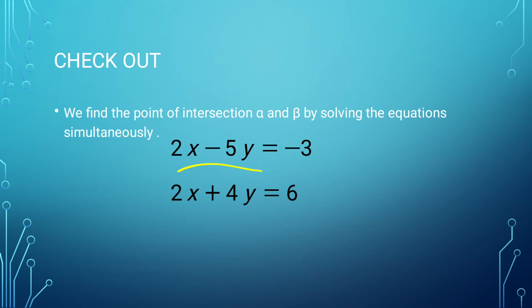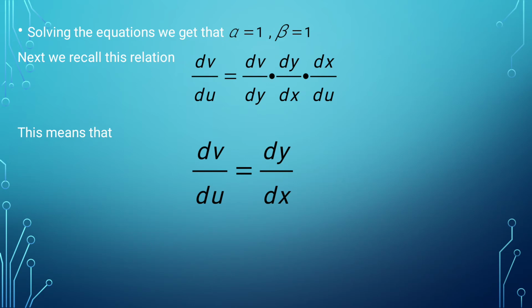Rearranging, we can solve this simultaneous equation with either method. In my tutorials up there, I've shown you different ways of solving simultaneous equations, so you can follow that link and try to solve this using that tutorial. Solving this, you'll find that alpha is 1 and beta is 1.